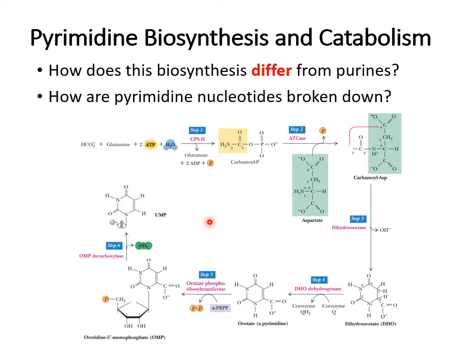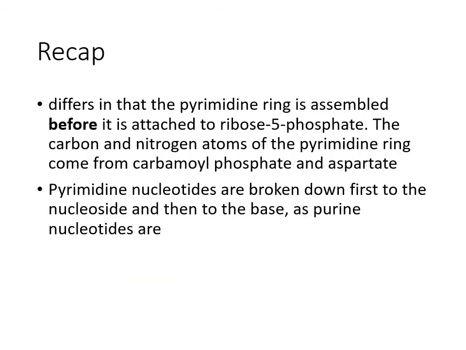Okay, and then for catabolism, the pyrimidine nucleotides are broken down first to the nucleoside and then to the base, just like the purine nucleotides are. So this is a much quicker slide because overall it's a very similar idea to what happens with purines. And as promised, here's the recap of the main points so you can pause and jot these notes down.